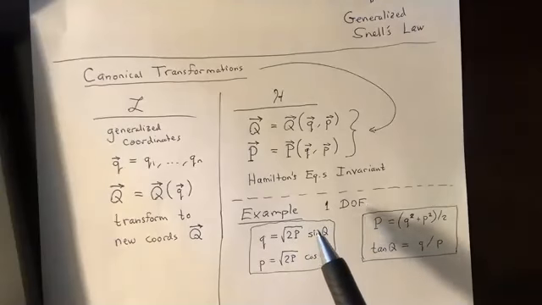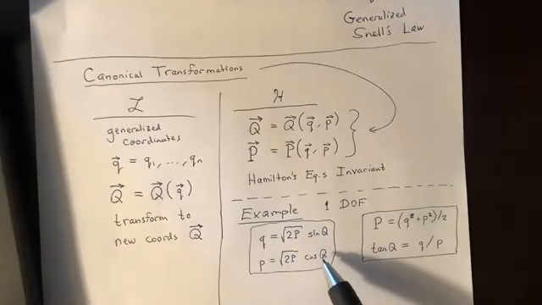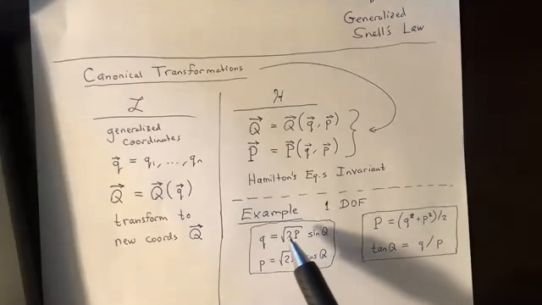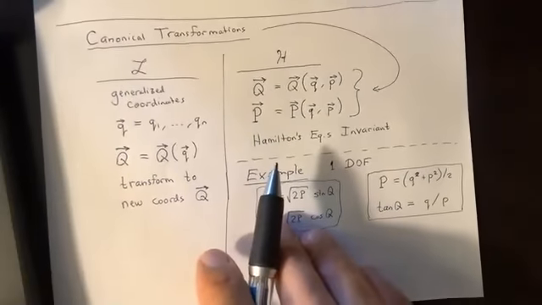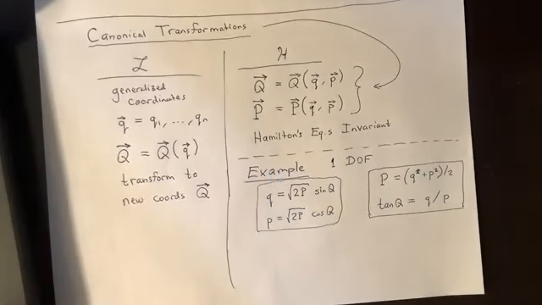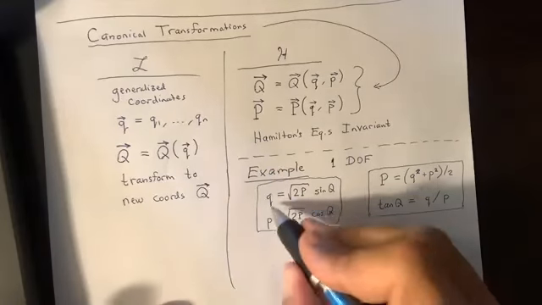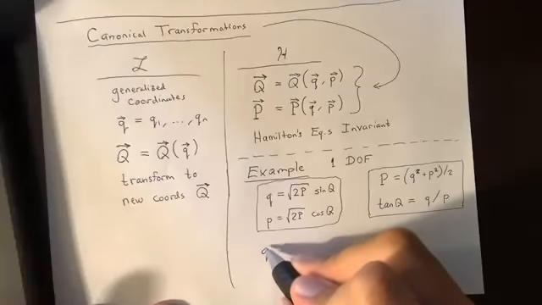You're familiar with plane polar coordinates: there's an angle, we usually call it phi in Taylor's book, and there's a radial variable, lowercase r. But here it's very important that we have this square root. We're going to see that that's essential to have this transformation work out. Okay, so let's start computing some derivatives. So what can we say about q dot?